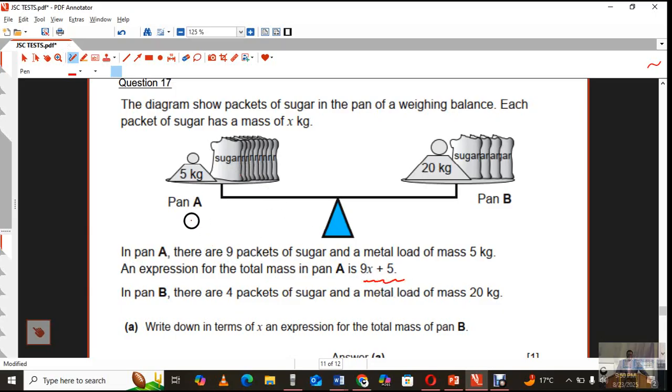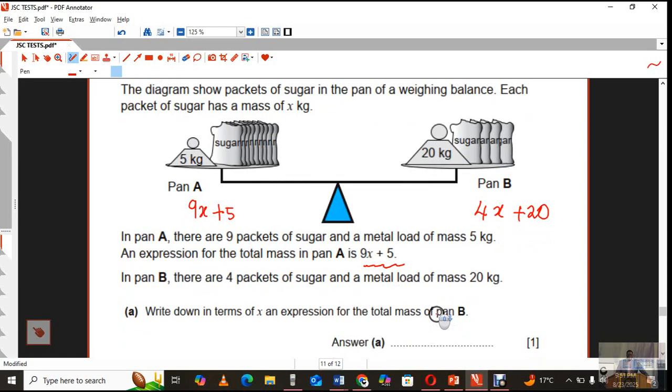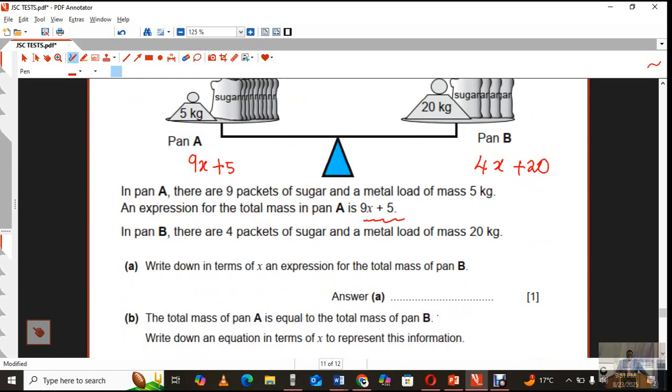So the left side is 9x plus 5. There are 4 packets of sugar. So on this side, you have got 4 packets of sugar, so that is 4x, and a metal load of 20 kilogram. That is the side on pan B. So here, write down in terms of x an expression for the total mass of pan B. Well, it's 4x plus 20. Well, you can also write 20 plus 4x.